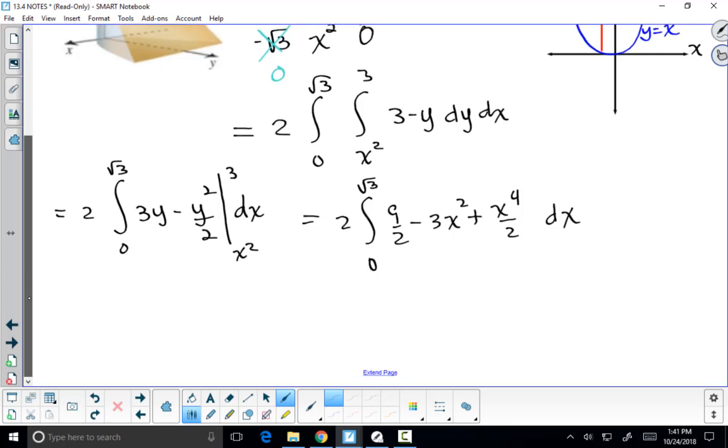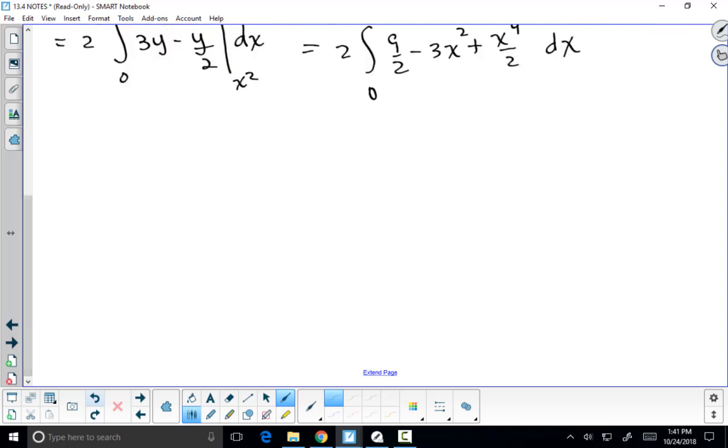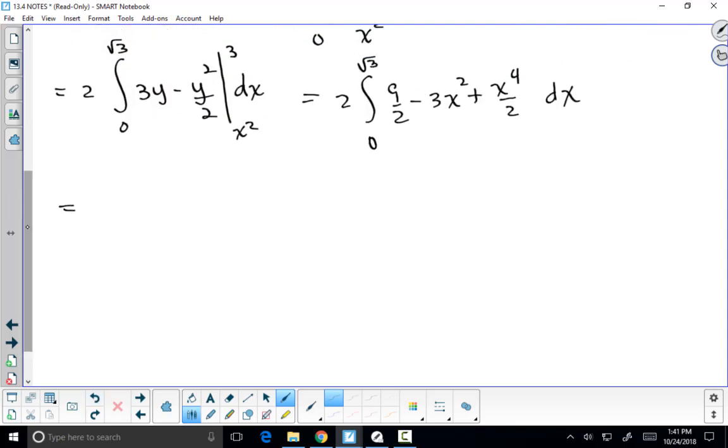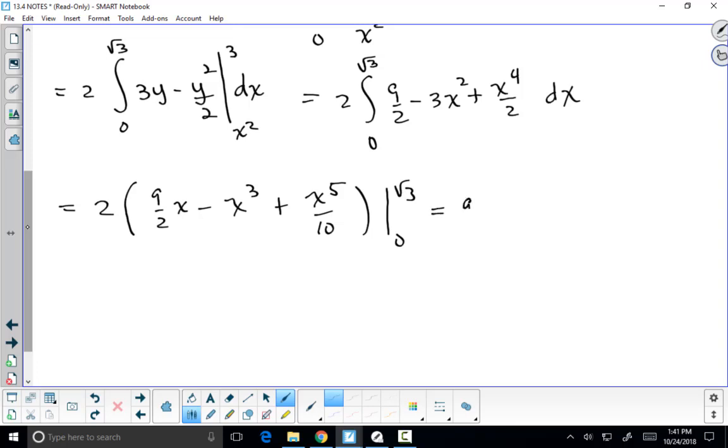Integrate that with respect to x, and we end up with something pretty straightforward. So we have 2 multiplied by 9 halves x minus x cubed plus x to the 5th over 10, 0 to root 3. Let's distribute the 2 first, just because that'll make life a little simpler.